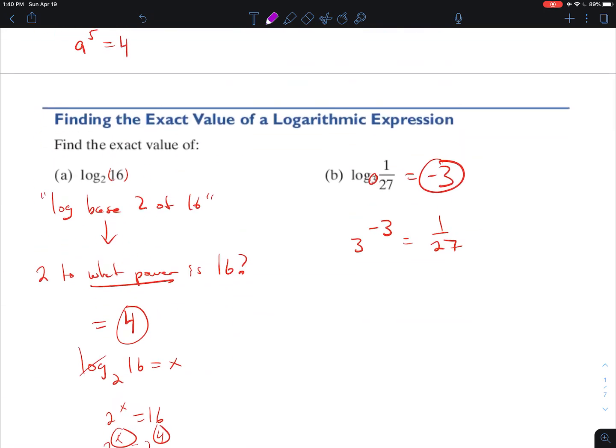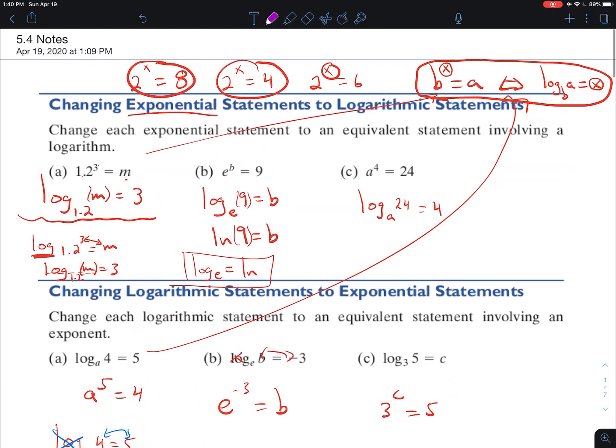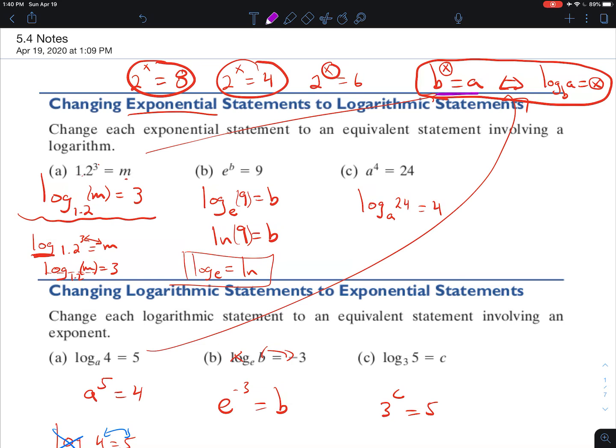And that the log is asking the question, 2 to what power is 16? So 2 to the x equals 16 there. And don't forget this conversion, and how to get from one to the other. So we'll talk more about this in class, but now you've got a set of notes on a video to refer back to. Enjoy.